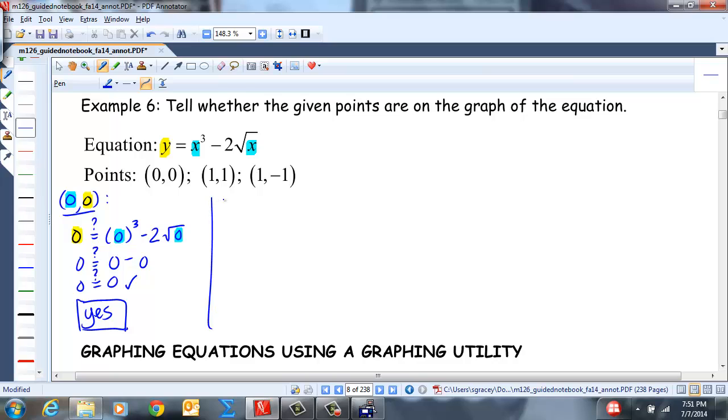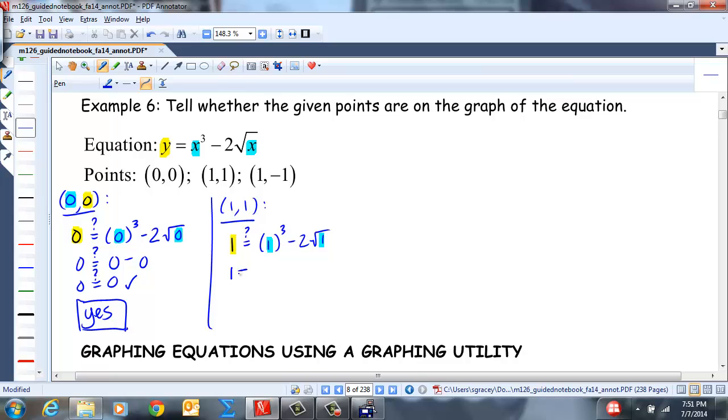Alrighty, let's try (1, 1). Again, plugging in the same value for y as we do for x, and we're going to see if we get a true statement. Alrighty.